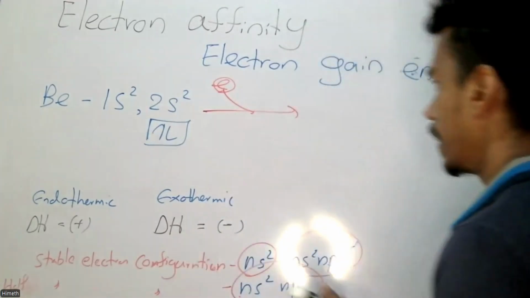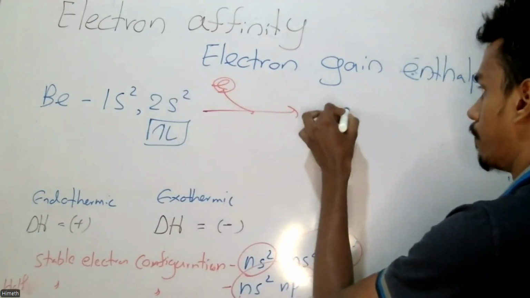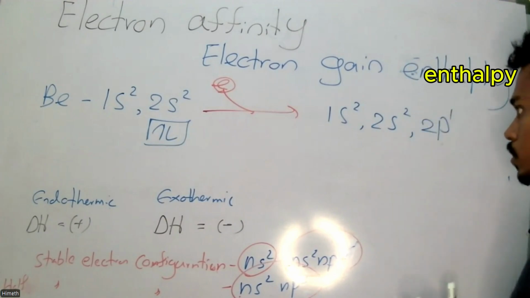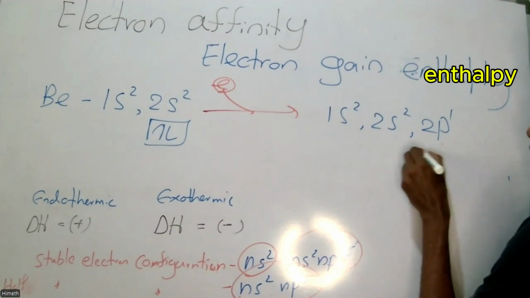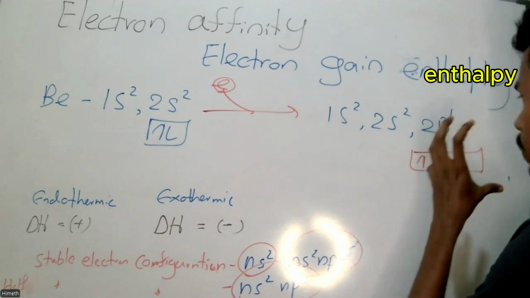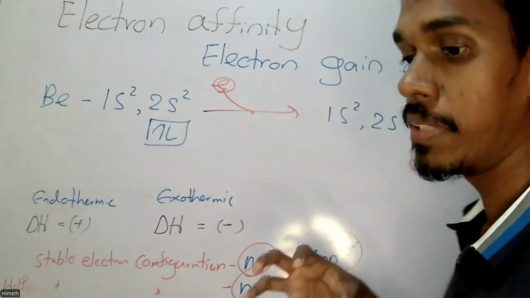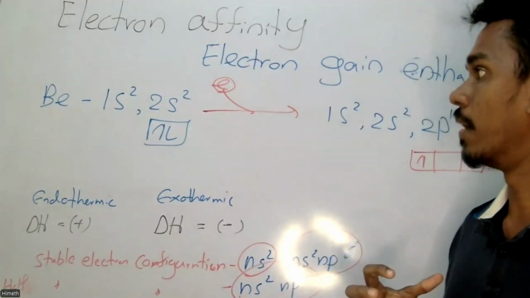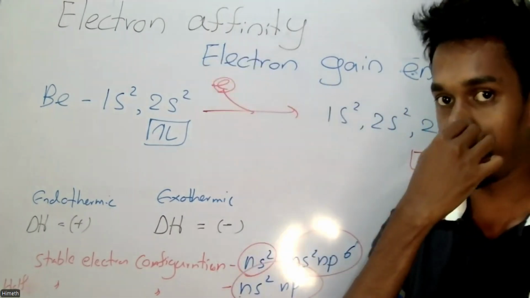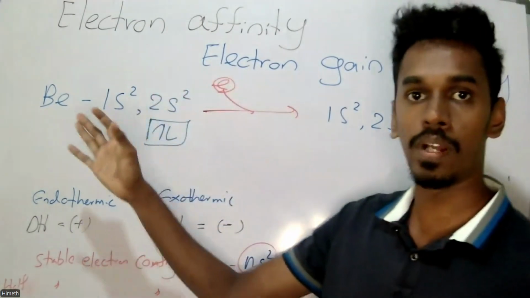Let's look at how it works. If we add an electron to beryllium, the new electron configuration is 1s2, 2s2 and 2p1. This is an unstable electron configuration since there is only one electron in the p orbital. Normally, an atom does not like to go from a stable state to an unstable state.